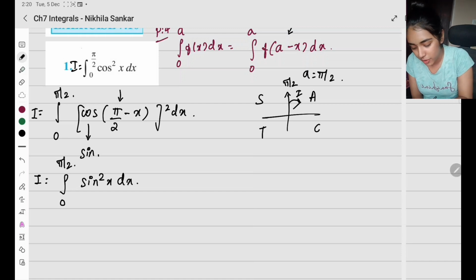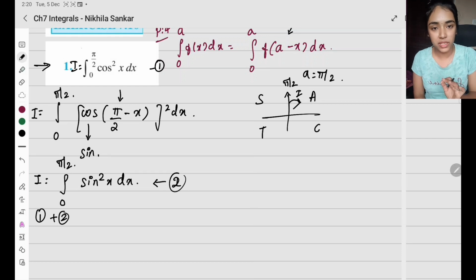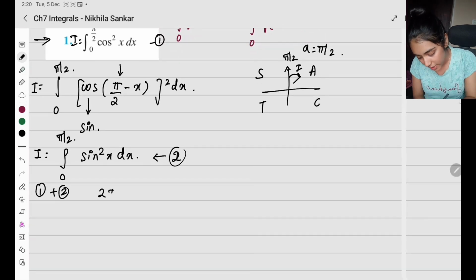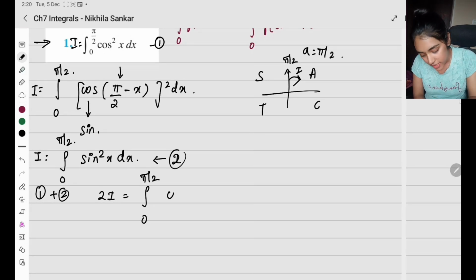So, what do I see from here? I have I equals something and I equals something. I can add the two. Let this be my equation 1 and let this be my equation 2. I'm going to add 1 plus 2. In the definite integrals property, it makes the question much simpler and you mostly add. In these questions, you only keep adding. So, when you do that, I have 2I on the left hand side, I plus I. And the integral is the same, so I have 0 to pi by 2 of cos square x plus sin square x times dx.